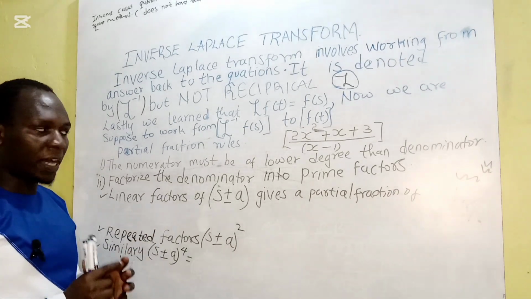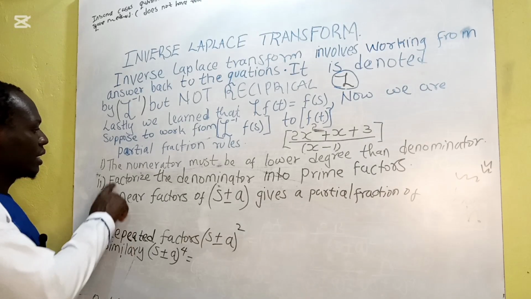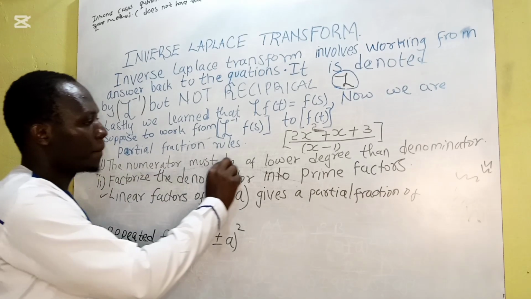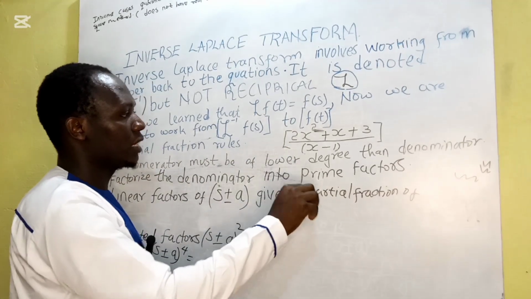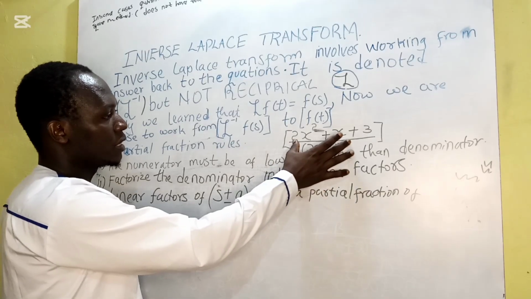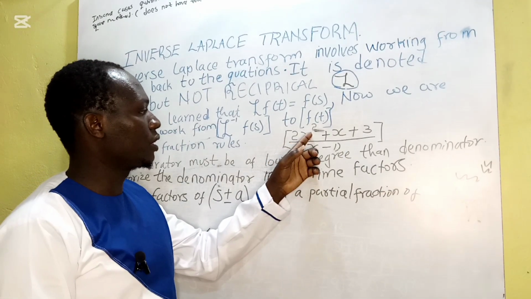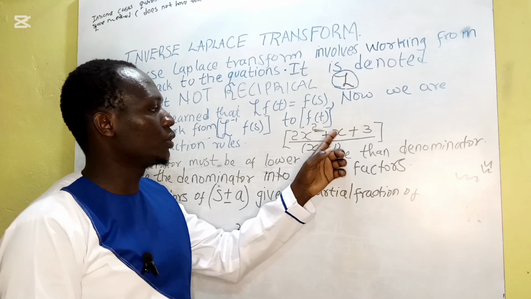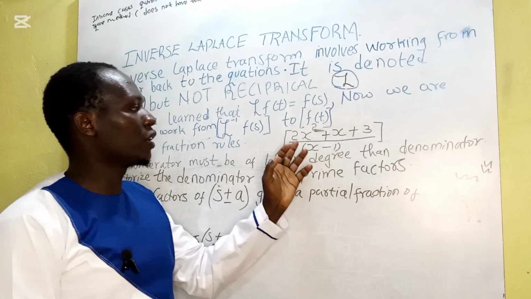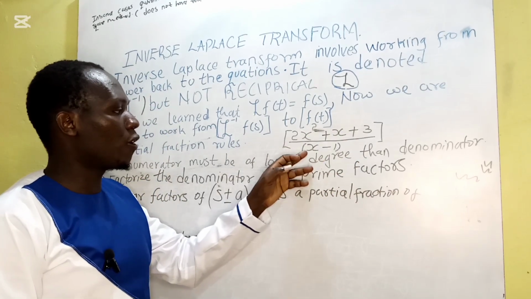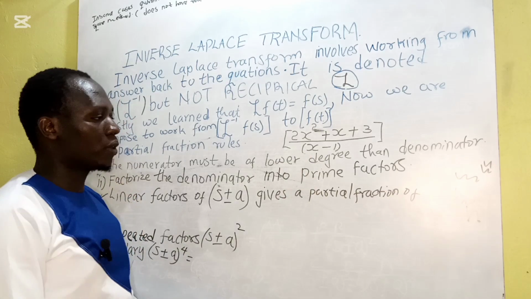When it comes to the partial fraction, we understand that the numerator must be of a lower degree than the denominator. This is our example here. When we check here, we are having x squared, we add 2x, we add 3. Here it is 2x squared, all over x we subtract 1.